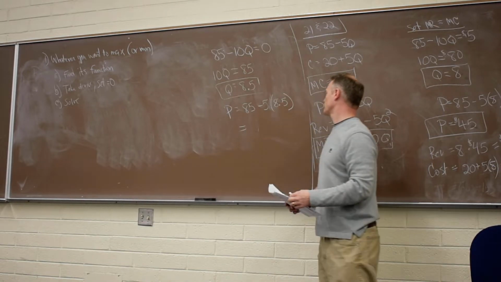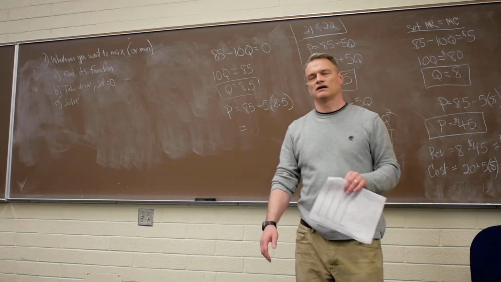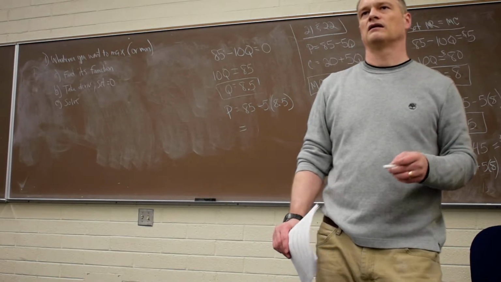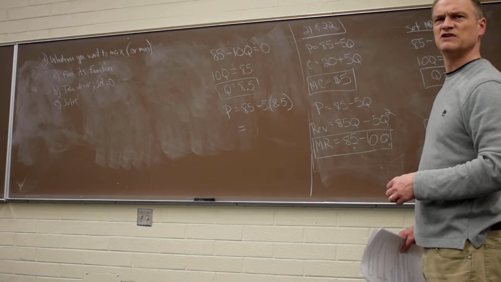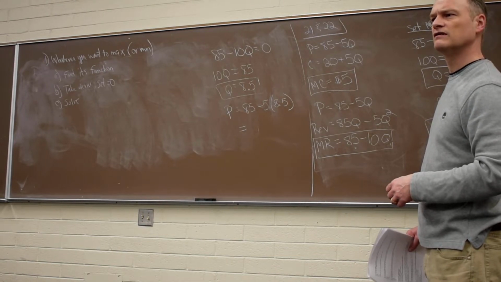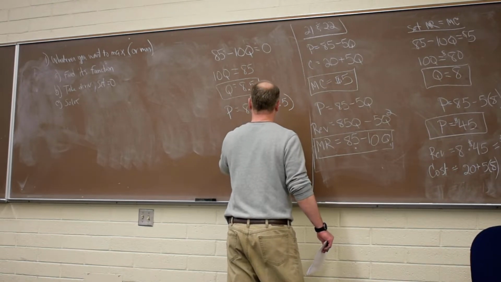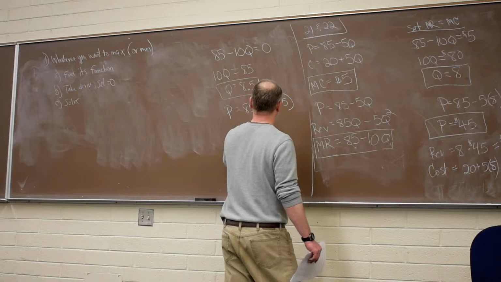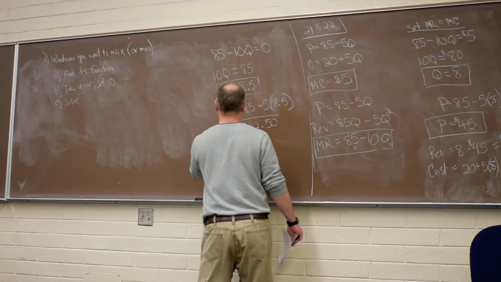Which is, what is 85 minus 5 times 8.5? $42 or $42.50? $42.50. Okay. So price is $42.50. Okay, that's the revenue maximizing price.